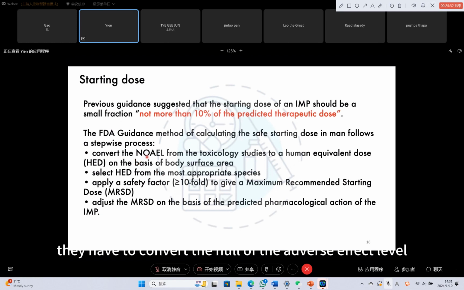They convert the no observed adverse effect level from toxicological study to a human equivalent dose based on body surface area. Then they select the HED from the most appropriate species and apply a safety factor of more than or equal to 10-fold to give a maximum recommended starting dose. Then they adjust this based on previous clinical study and the pharmacological action of the drugs.